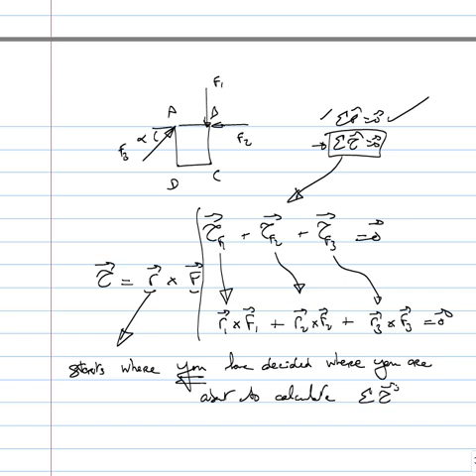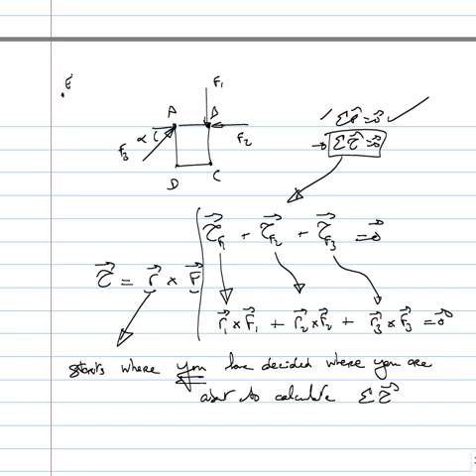So, since you can pick any point you want, you can pick point A, point B, point C, point D, point E, or point F, which is not even on this page, like 3 miles away. You should get the same answer at the end. So the next question is, which point are you going to pick?